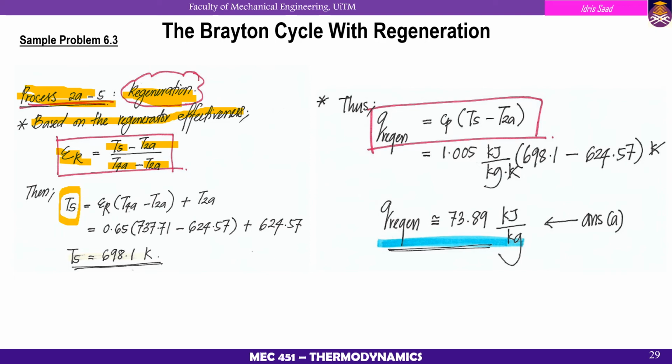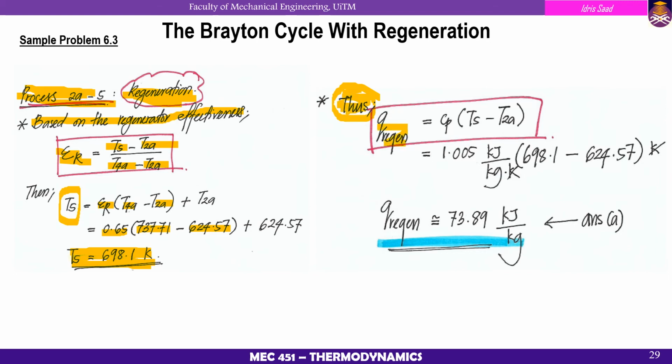Put all the information: effectiveness of regenerator is equal to 0.65, T4A is equal to 737.71, T2A is equal to 624.57. Then we can get T5 is equal to 698.1 Kelvin. Based on that, we can calculate the heat that we can recover.